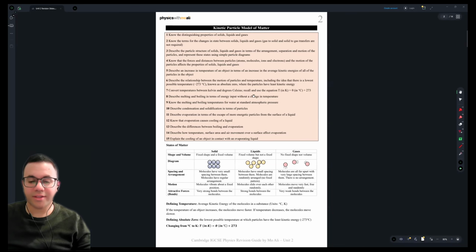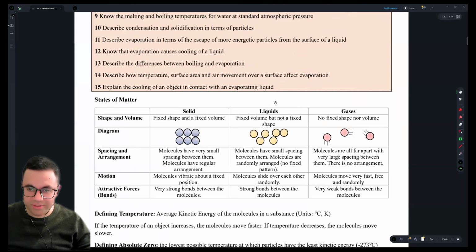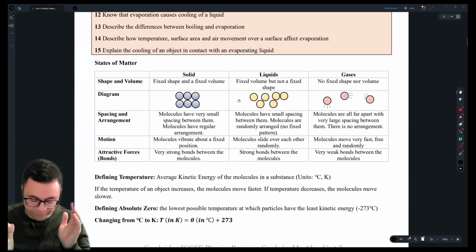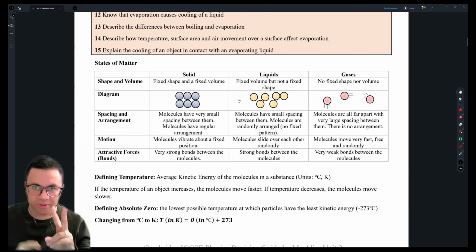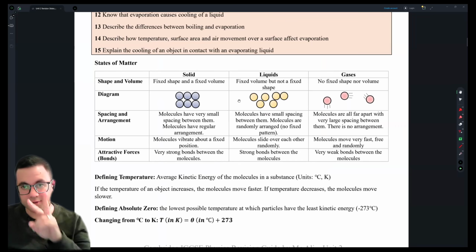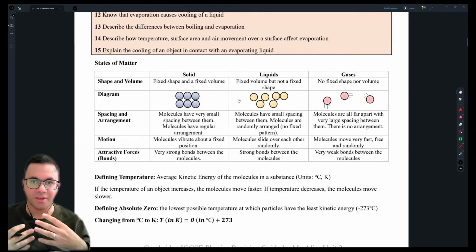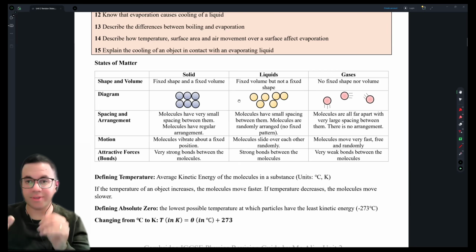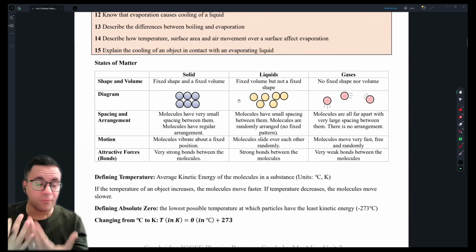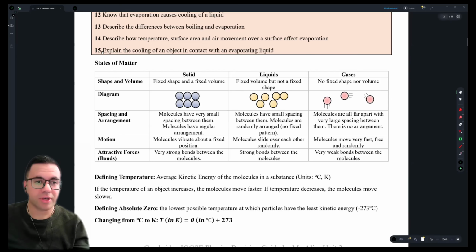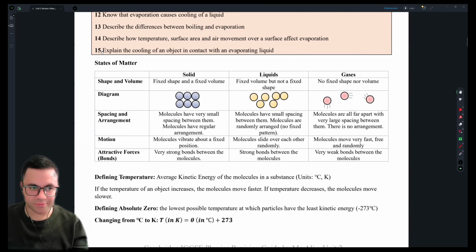Let's start with the kinetic theory of matter. Before I go into detail about the different states of matter, one thing you have to realize: in unit 2, we are going to be describing matter two ways, the way I see it, from the outside and from the inside. What do I mean from the outside? I mean its general shape, volume, mass, temperature, pressure, the external properties of matter, like the regular properties that you measure in things.